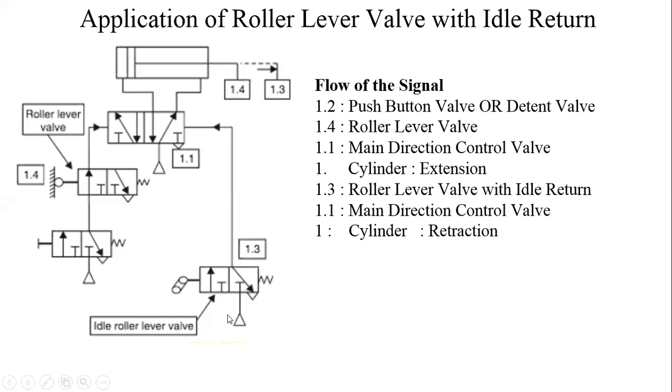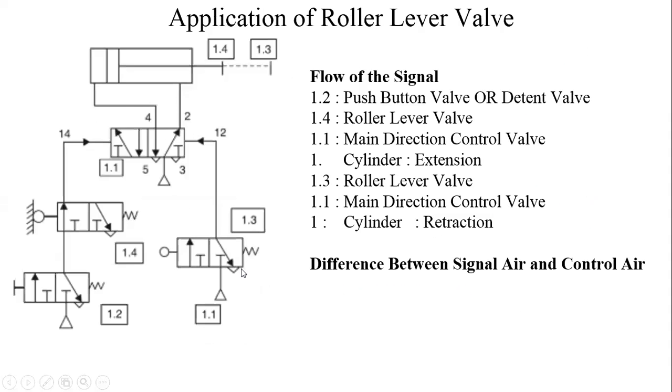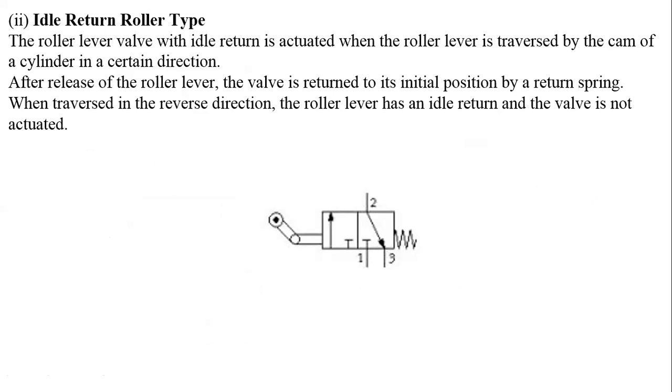This will be activated just before the end of the extension. When it was the roller lever valve, it was activated at the end of the extension. This is activated just before the end of the extension. So this is the idle return roller lever type of valve.